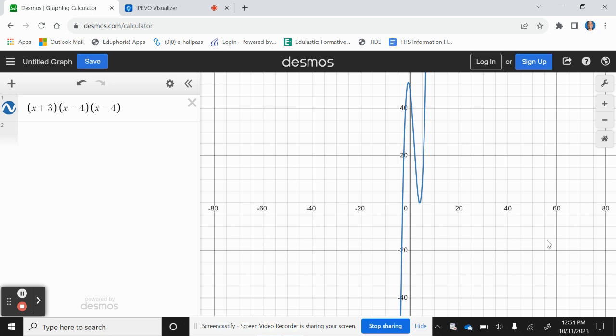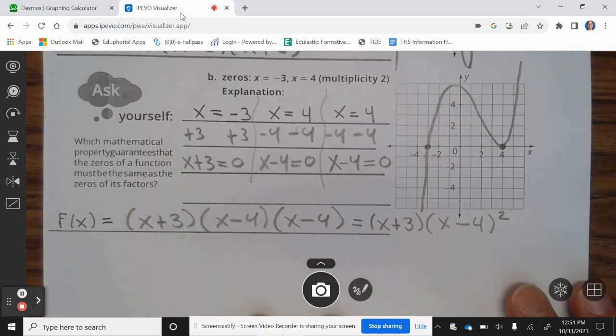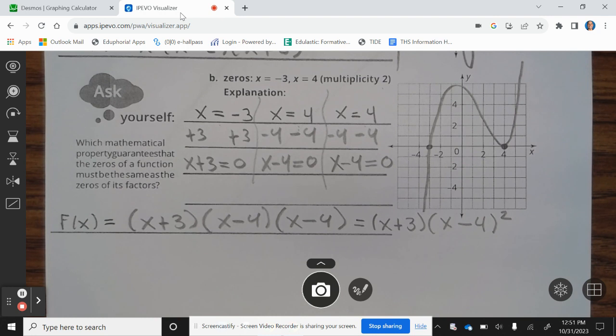So we're going up. And there's your graph. All right, go ahead and finish up 1b.